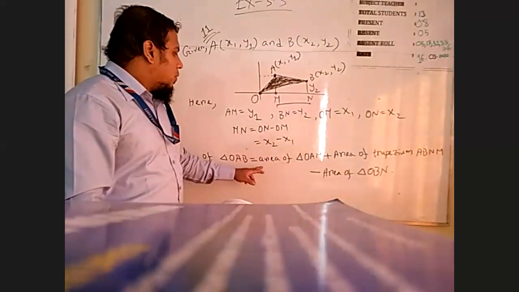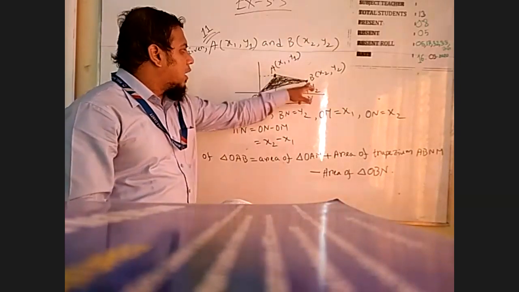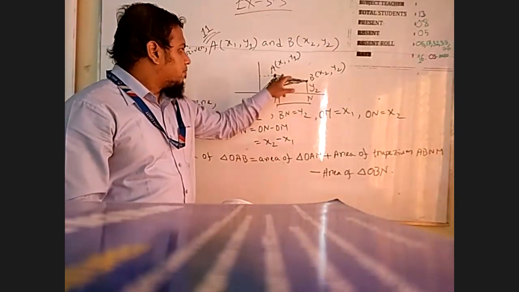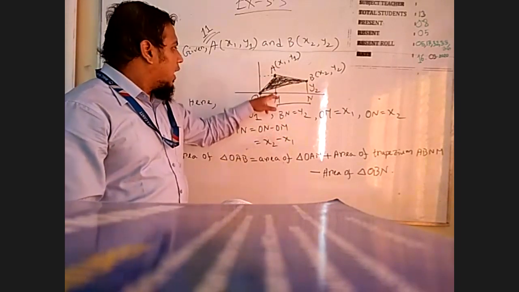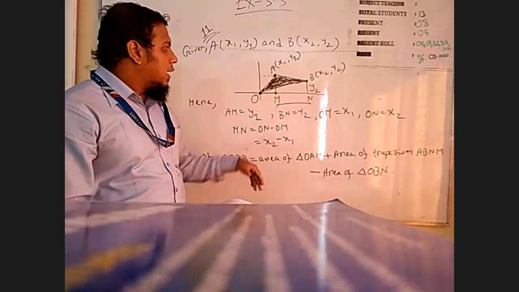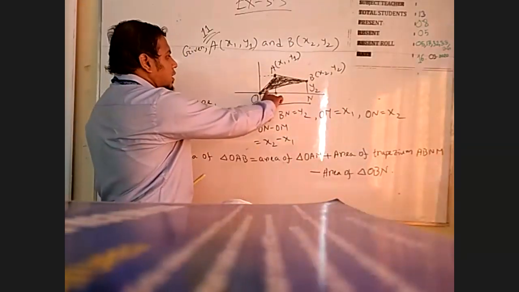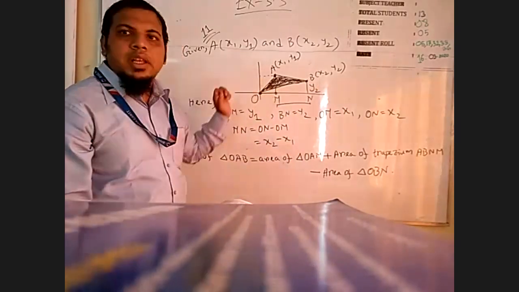So we add triangle OAM and the trapezium ABNM, and then we subtract the triangle OBN. Okay, so that means triangle OAB remains.